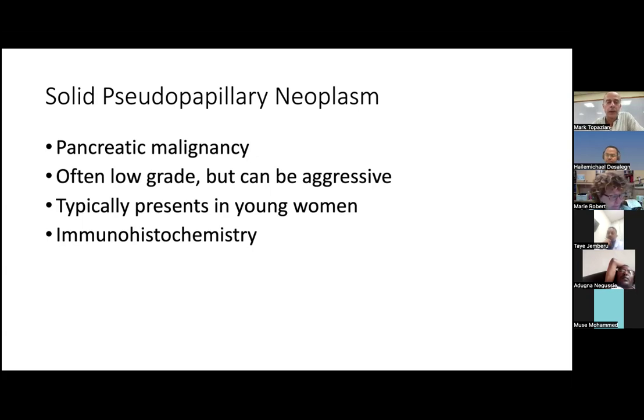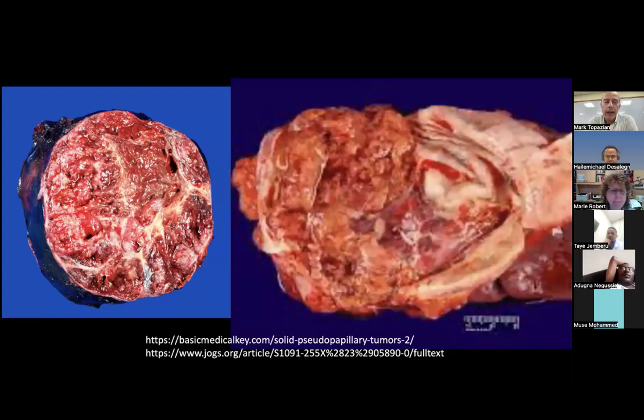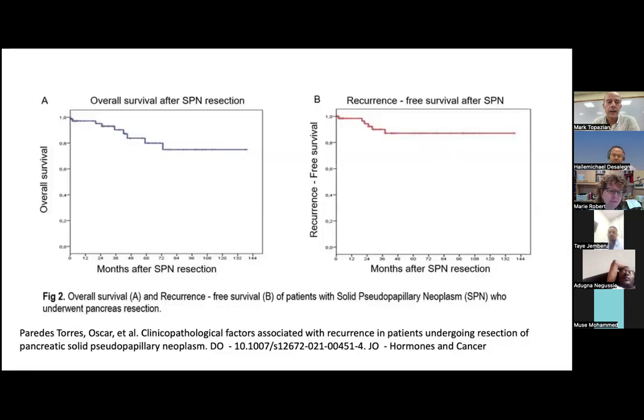Thank you. So these are some pictures from the internet of the growth of some of these tumors. And I'm struck by how lobulated it can look, just as our lesion did on ultrasound, and also well encapsulated in appearance. And here's data about survival after resection. This study is fairly recent.